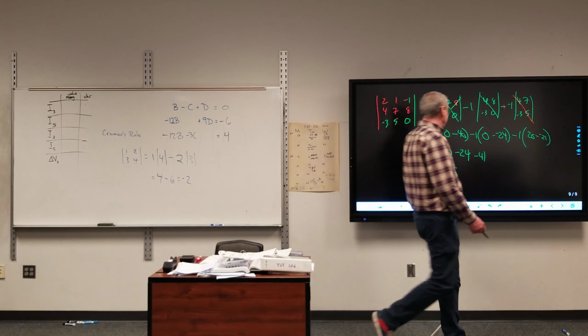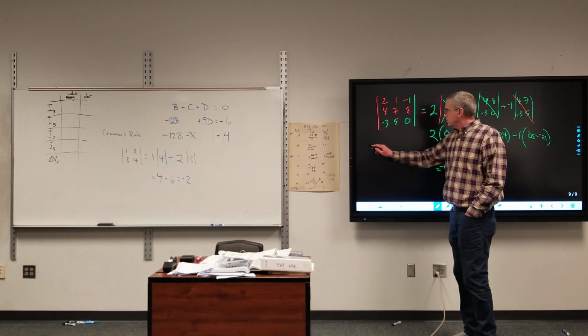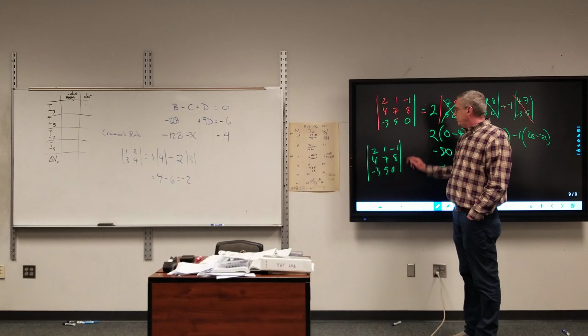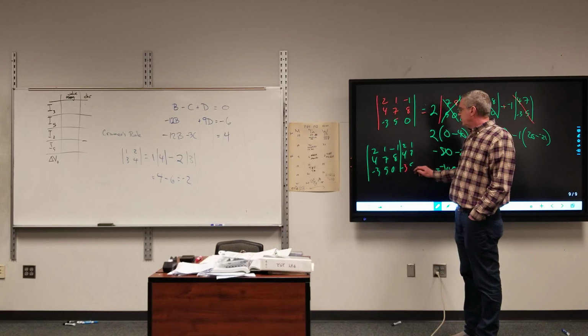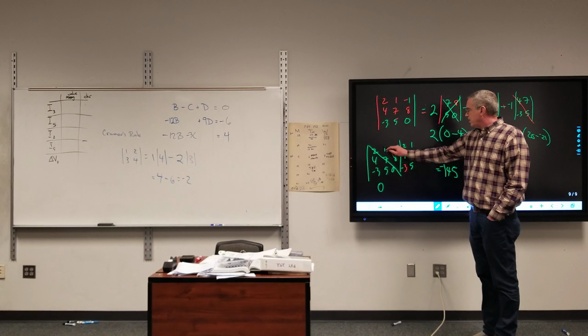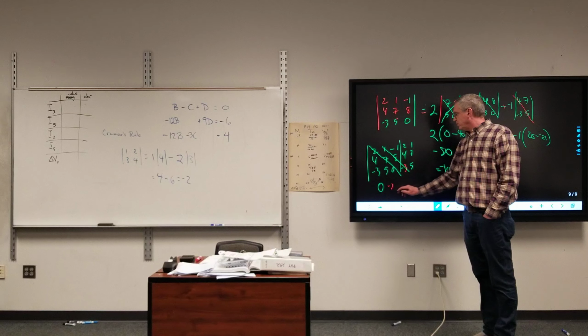Notice I get the same answer. 2, 1, negative 1, 4, 7, 8, negative 3, 5, 0. If I just repeat those first two columns, 1, 7, 5, and then I multiply that diagonal, I get 0. That diagonal, minus 24.